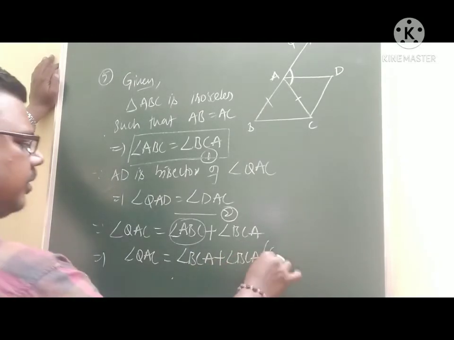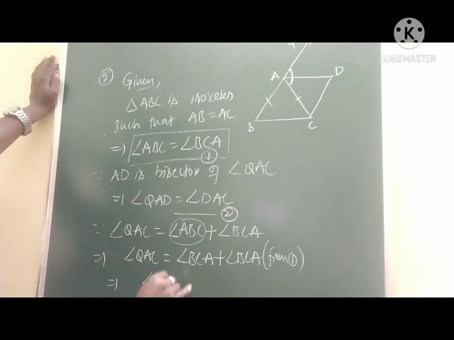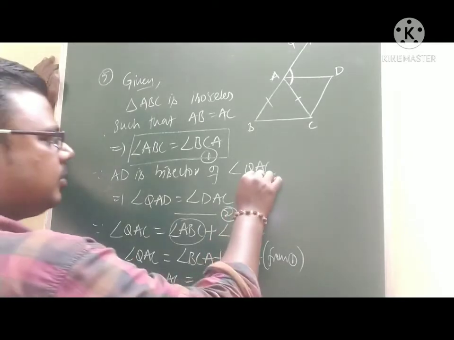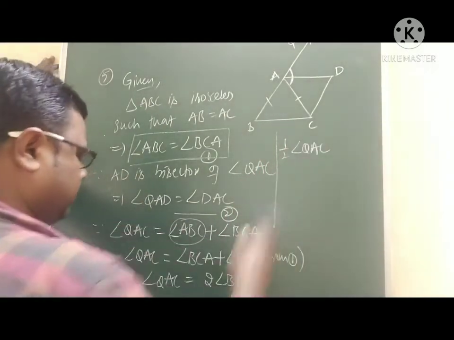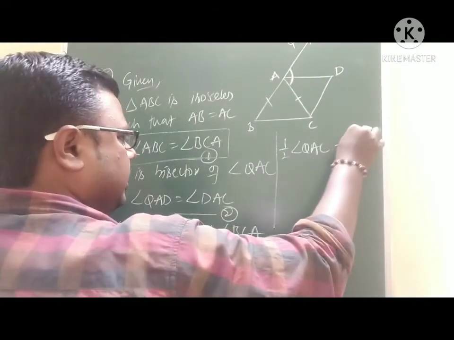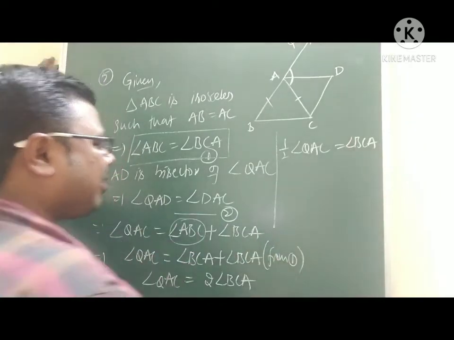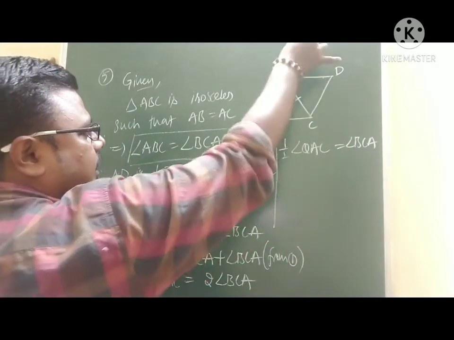Clear? If you want, you can write it in brackets. So from 1, you will get angle QAC is equal to 2 into angle BCA. Now let us transpose this 2 to this side. So you will get half of angle QAC is equal to BCA. Now half of angle QAC means we can write DAC or DAQ from this 2.